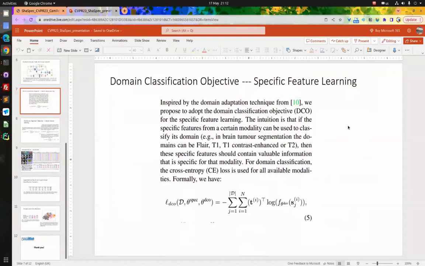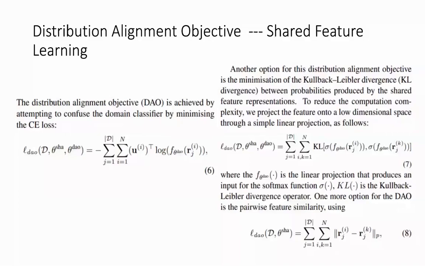The intuition is that if the specific feature for a certain modality can be used for this domain classification, then valuable information is contained in these specific features. For this, cross entropy loss is adopted, as in equation 5 in the paper.